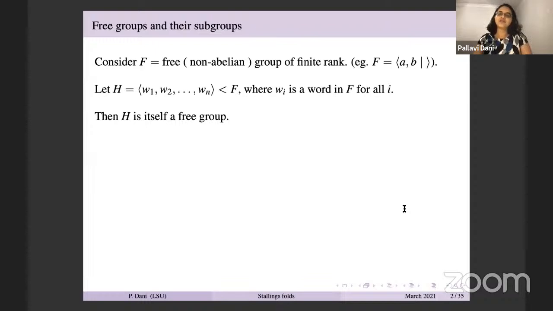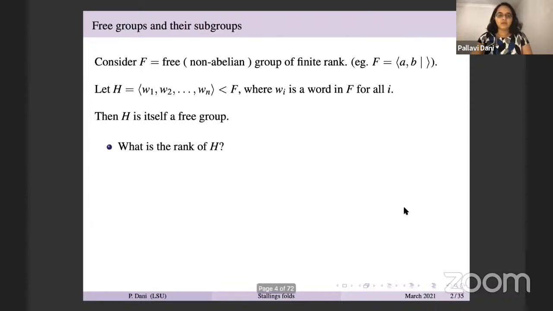So in that sense, we understand what the subgroups look like. But there's still many questions that you might be interested in about these subgroups. So for example, even though we know that H is free, it's not necessarily free on this particular generating set, W1 up to Wn. So this might not be an optimal generating set. And so the rank of H could actually be less than n.